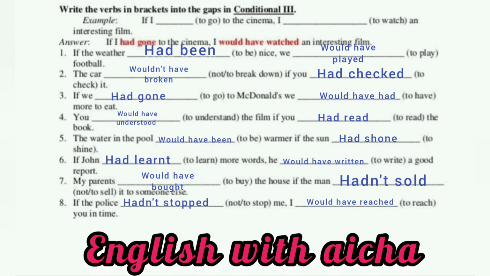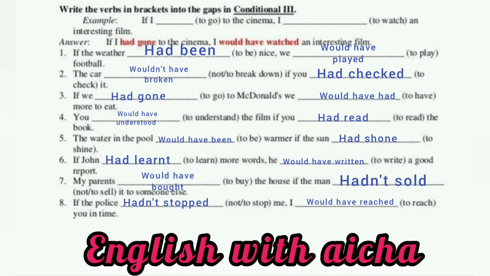So that was the correction of our practice concerning the conditional type 3. يعني هذا كان صحيح بالنسبة للتمرين الأخير عن الجمل الشرطية اللي هي conditional type 3. So please be careful with the condition and the result. يعني لا بد أن ننتبه مع الشرط ومع النتيجة.